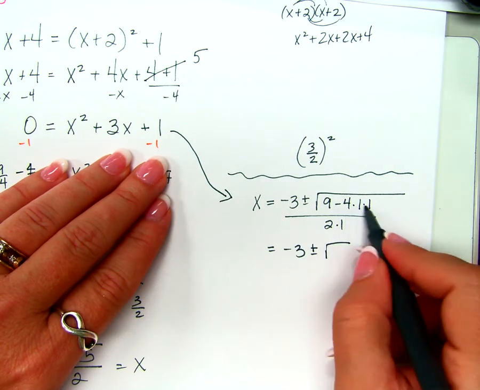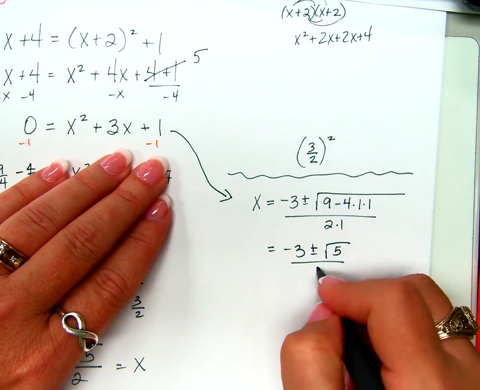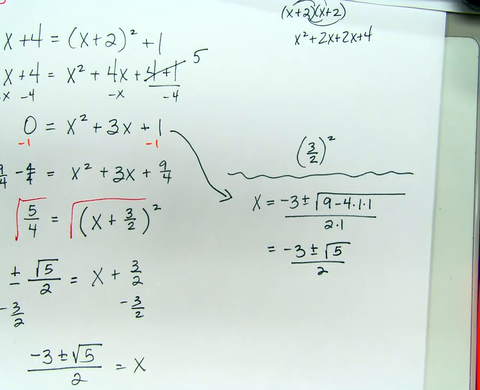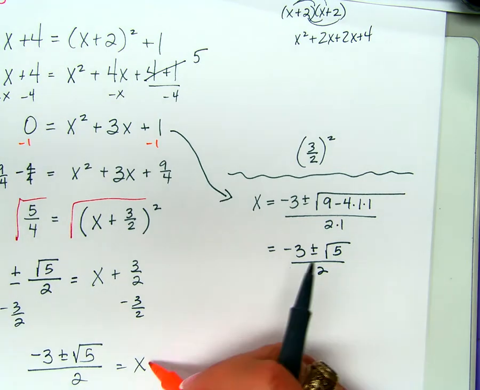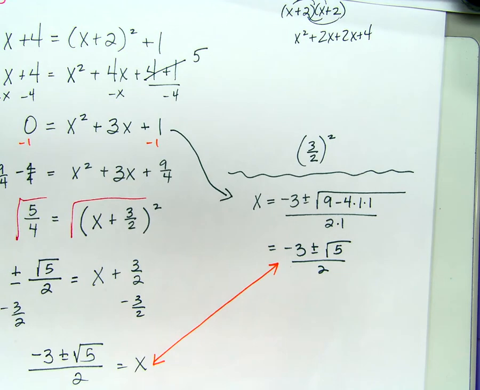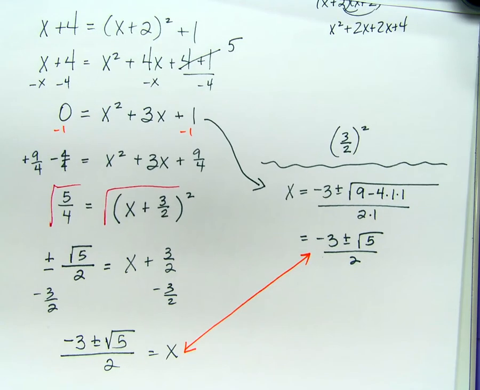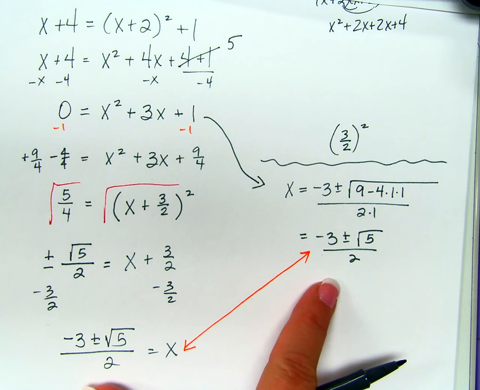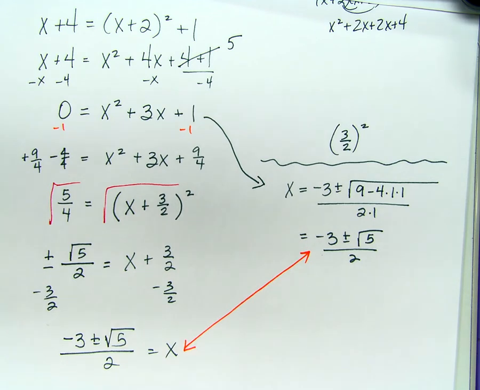Well, that's 4, right? 9 minus 4 is 5. Doesn't matter which way I do it. I'm still going to get the same answer, aren't I? This is my answer.